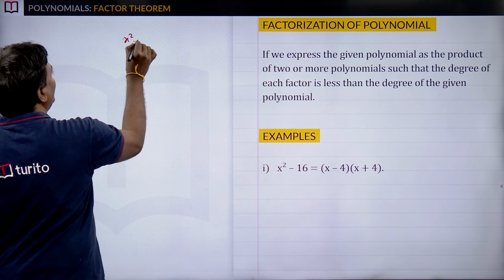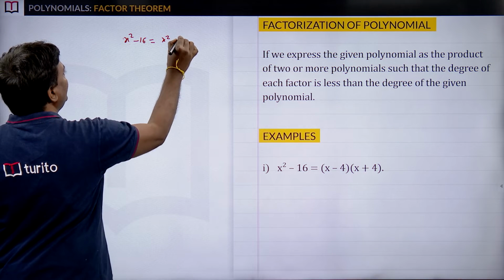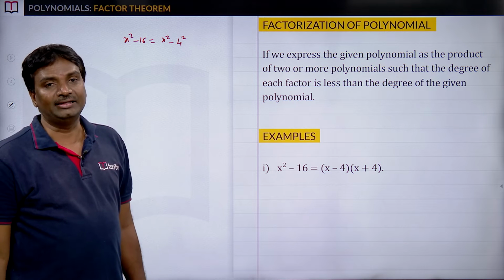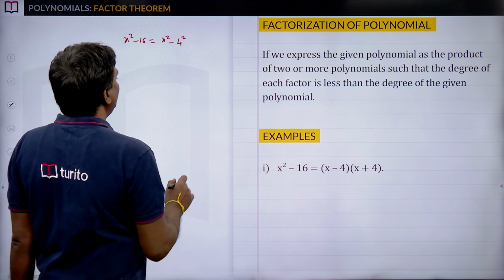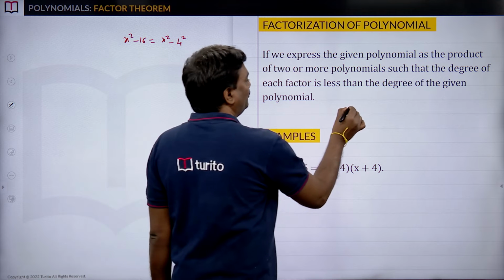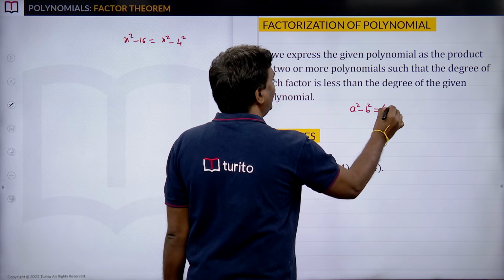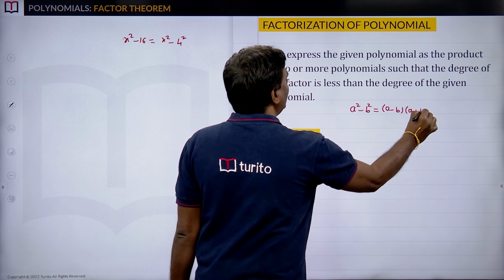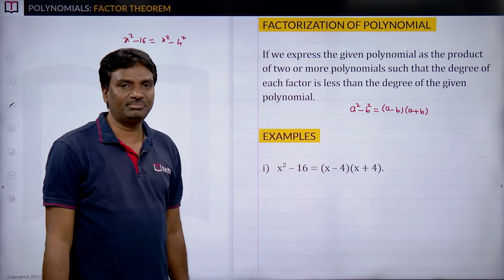We have x square minus 16, which can be written as x square minus 4 square. So we have the identity a square minus b square equal to a minus b into a plus b. We already learned that formula in the previous class.